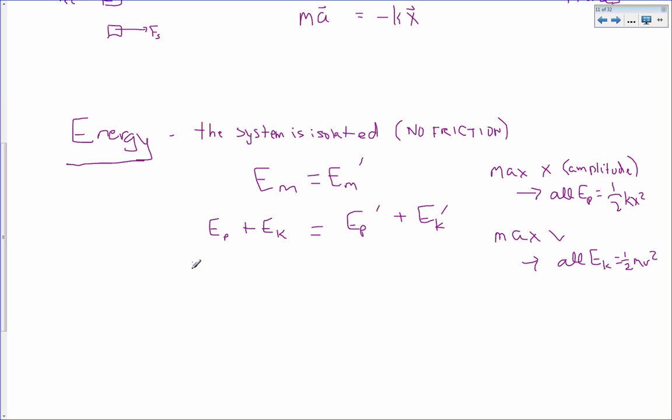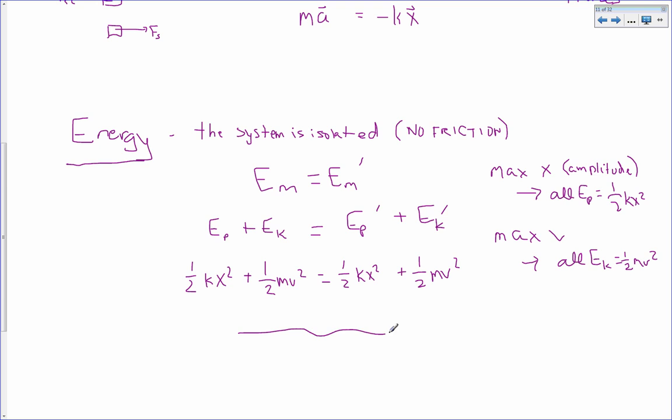So what you have here is 1/2 kx squared plus 1/2 mv squared equals 1/2 kx squared plus 1/2 mv squared. And then you cancel out any part of those formulas that you don't need.